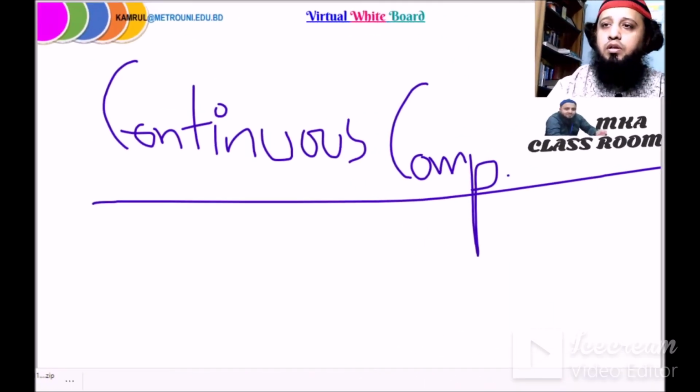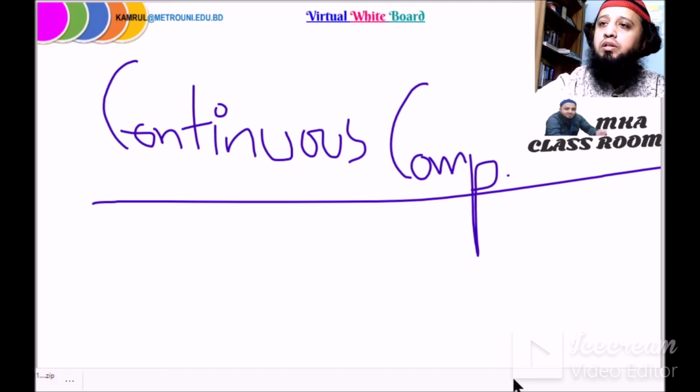We are talking about compounding and discounting more than one period per year. Here we will try to include continuous compounding.